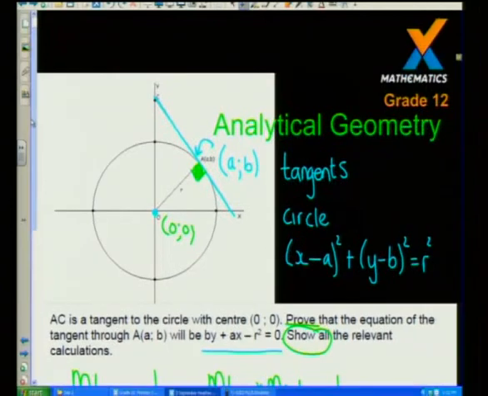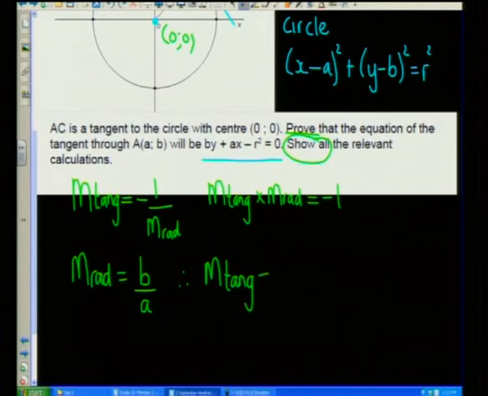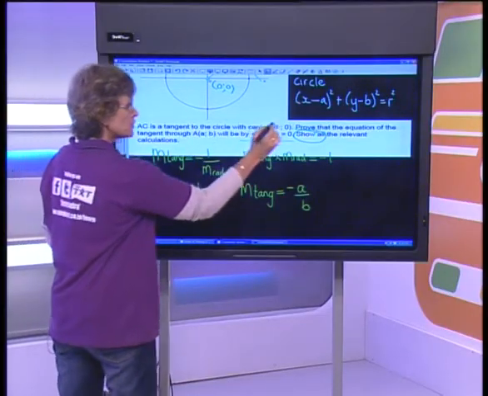So it's definitely going to be b over a. Therefore, the gradient of your tangent is going to be, turn this upside down, a over b, and change the sign. Now that's grade 10 stuff. That's not difficult.